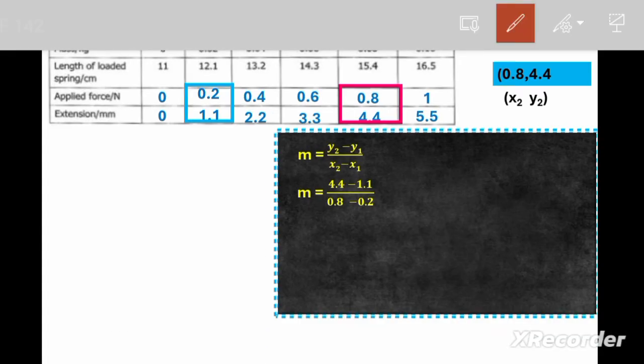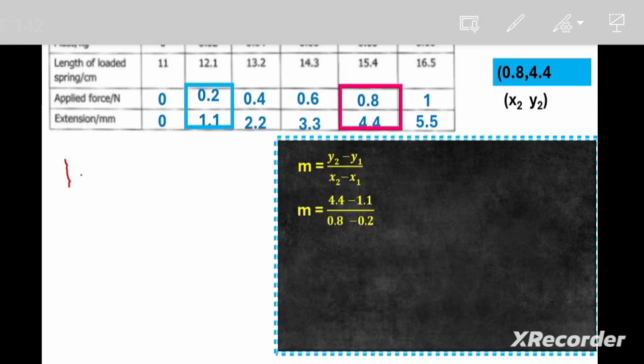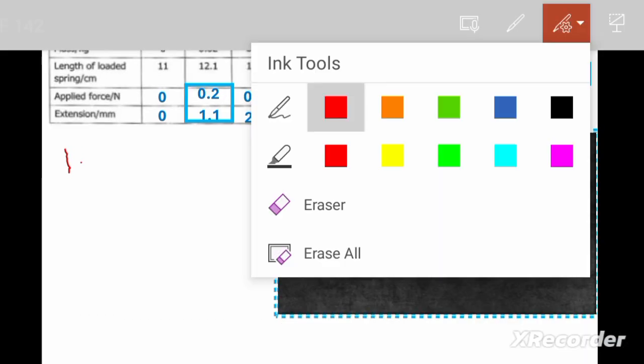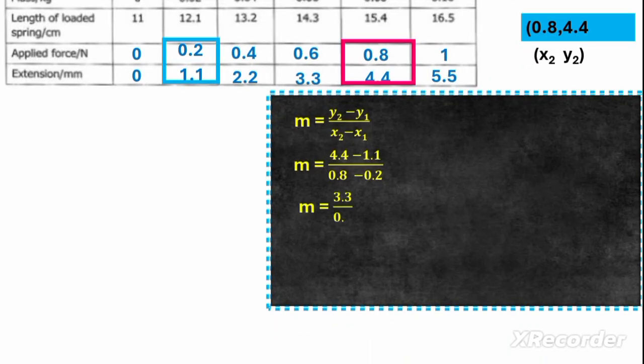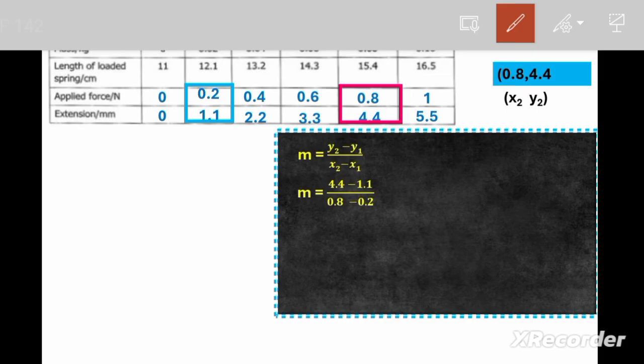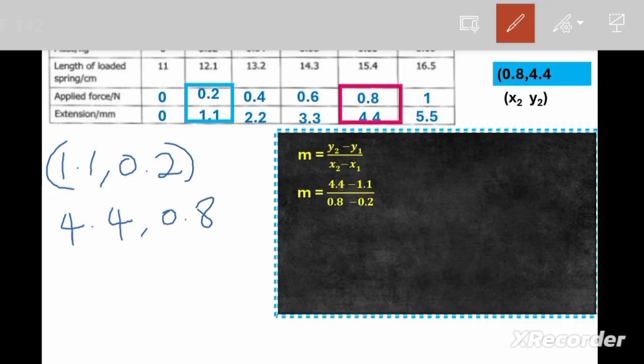So let me write these coordinates properly. The first coordinate is 1.1, 0.2. Then our second coordinate is 4.4, 0.8.